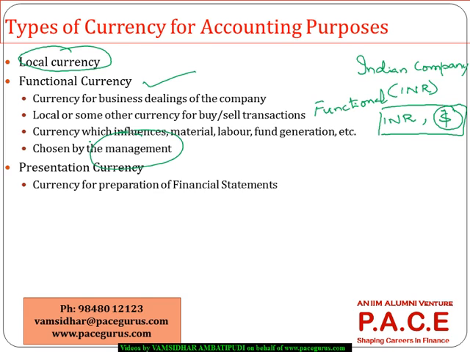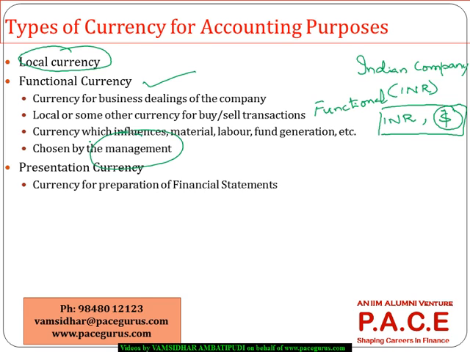The third kind of currency we talk of is the presentation currency. That is the currency in which the financial statements are prepared at the end of the year. It may be the local currency; if this company is incorporated or registered in India, then it may prepare in the local currency, or sometimes it may prepare in some outside currency also.